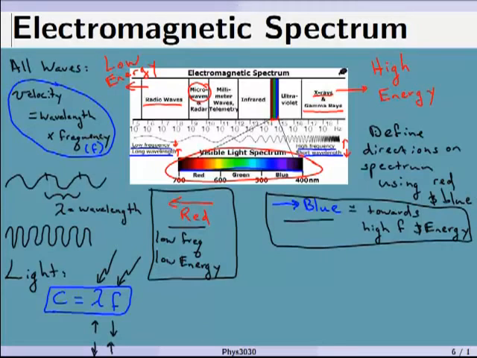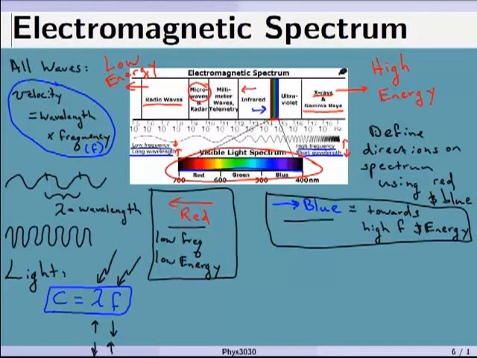Remember, it's just an absolute direction. So if I'm up here in the infrared, and I decide to go to the right, I'm in the infrared, so it seems like who knows what. But if I go to the right, I'm going in the blue direction. We could say that's blue shifting. If I go the opposite direction, then I'm red shifting. Even if I'm in the ultraviolet or whatever, it's just that absolute direction.